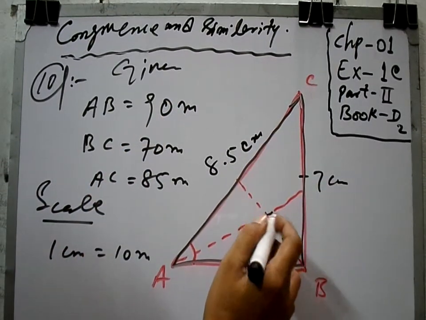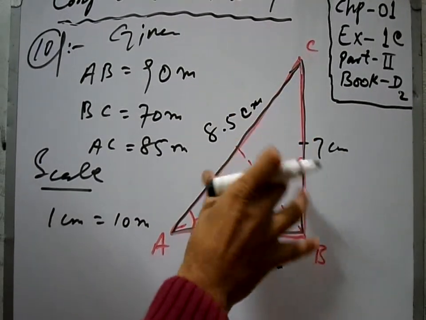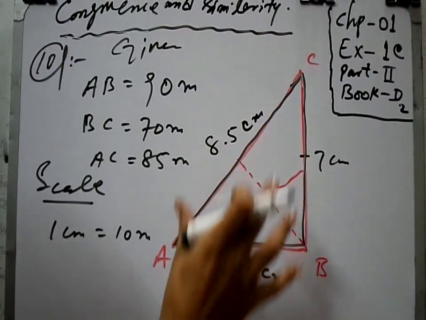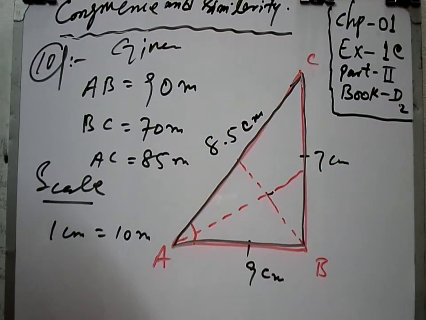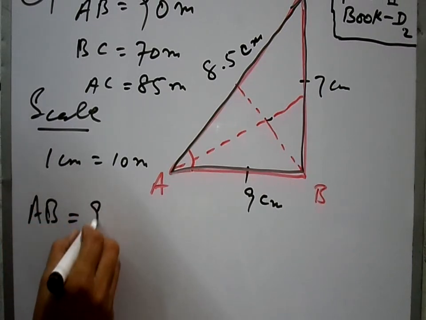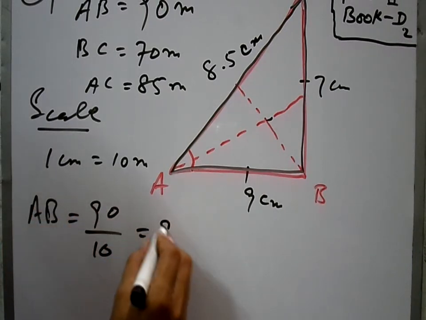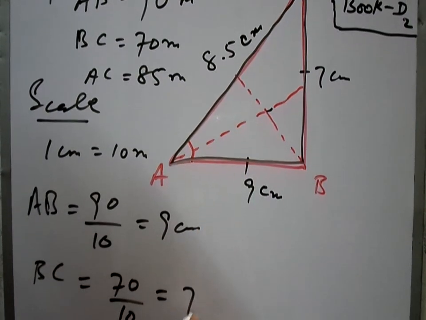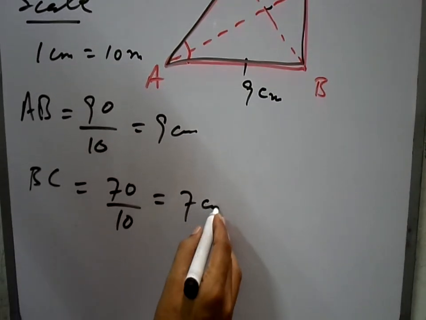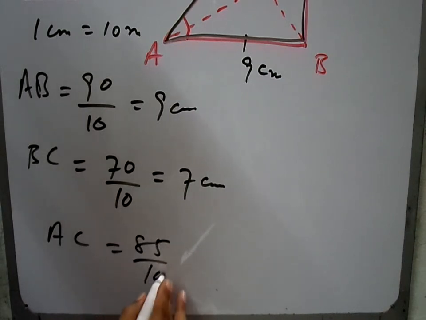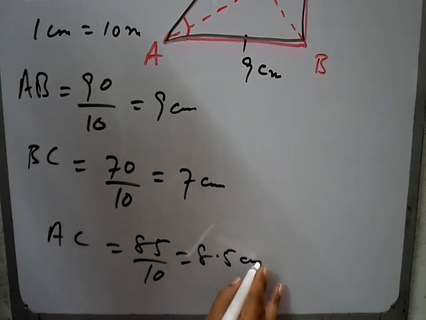So on the actual map you will get the dimension as we have drawn here. Therefore AB is equal to 90 divided by 10, you will get 9 centimeters. So I have drawn here. BC is equal to 70 divided by 10, given scale factor or scale ratio is 10, so therefore 7 centimeter. So the AC is 85 divided by 10, you will get 8.5 centimeter.